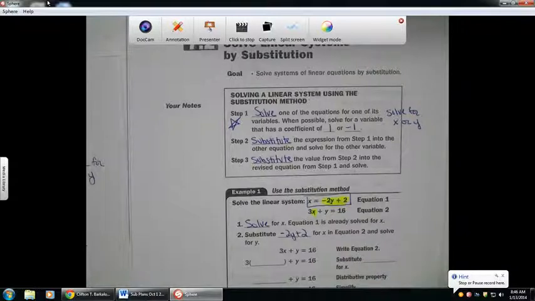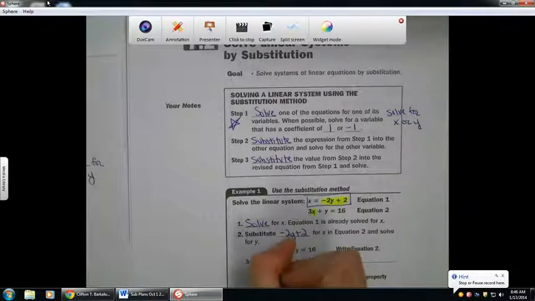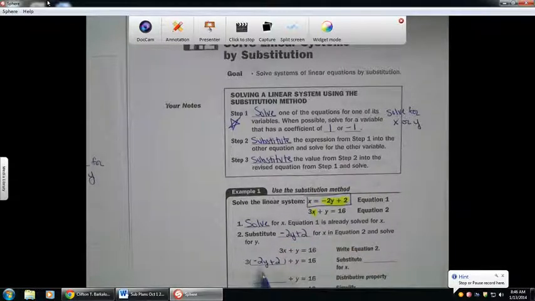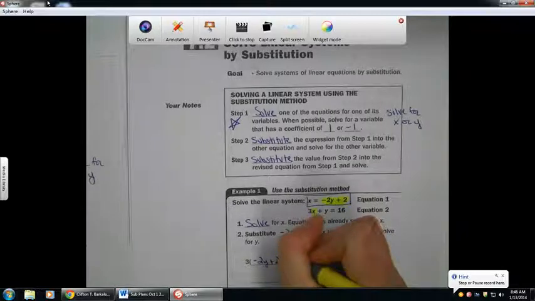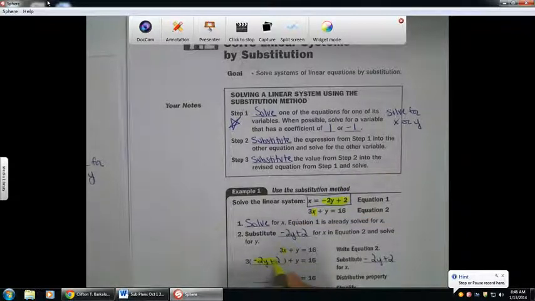So instead of putting an x in there, we are going to put what x is equal to in the first equation. Now you can see we have all the same variable. We can solve for y now because we only have y's in this equation. So we substituted the negative 2y plus 2 in for x. Okay, so you can see instead of an x now, we have the expression that x is equal to.